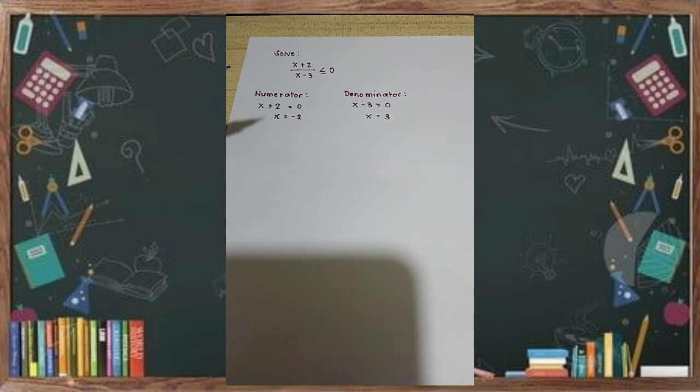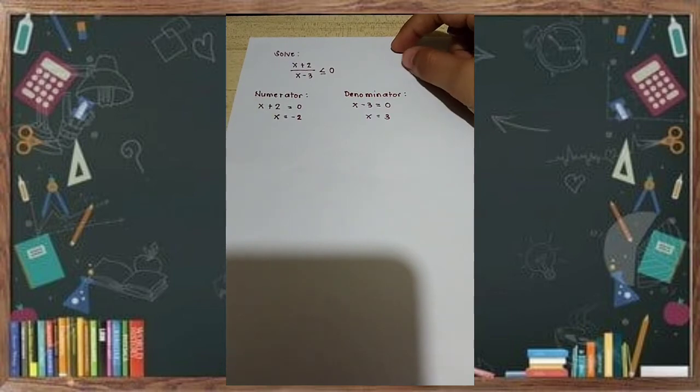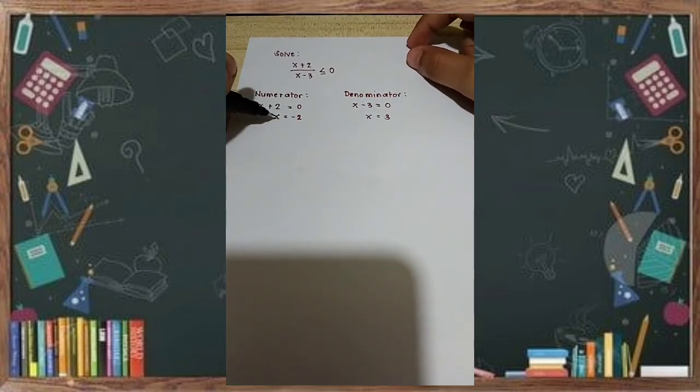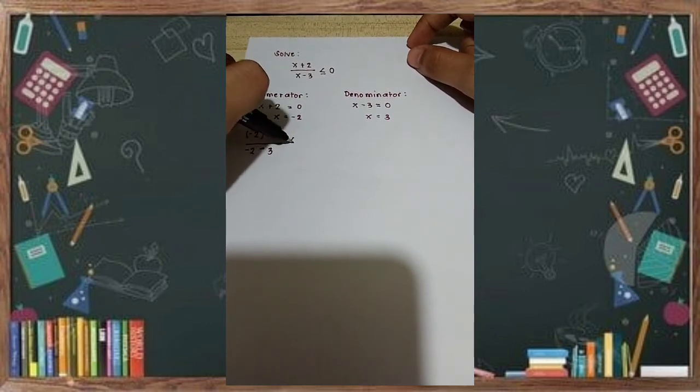Ayan, so we need to test if the meaningful numbers is a solution of our inequality. So, let's try x equals negative 2. Okay, so let's substitute the value of x here in our inequality. So, (negative 2 plus 2)/(negative 2 minus 3) is less than or equal to 0.